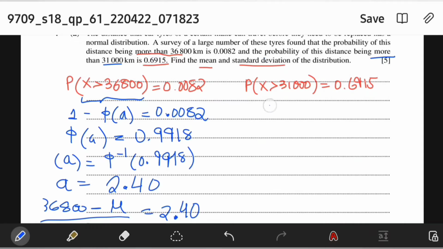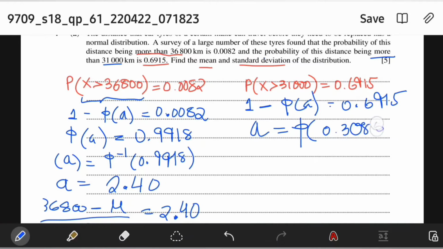Now, again, the formula would be 1 minus phi A, 1 minus 0.6915 would be 0.3085. Don't forget to write this inverse thing here.